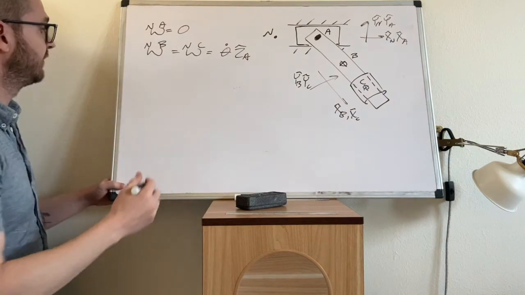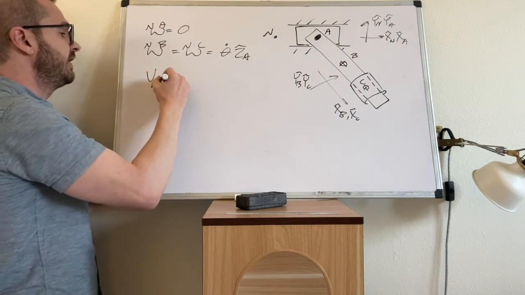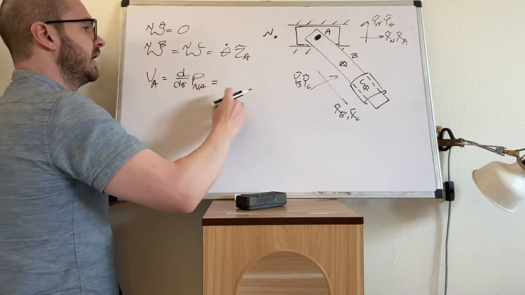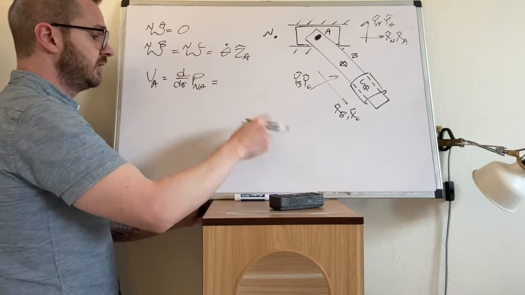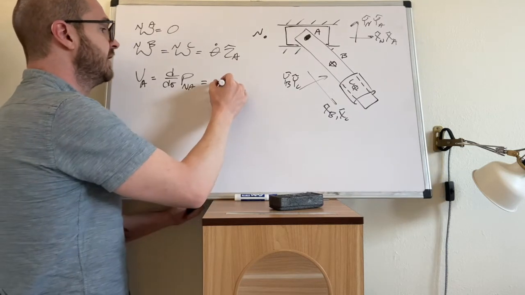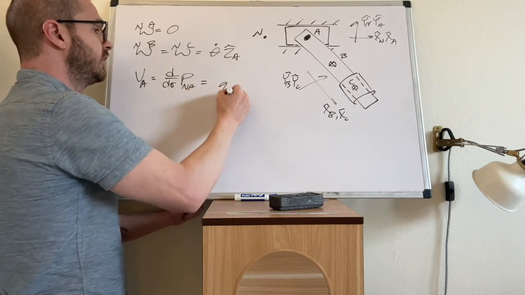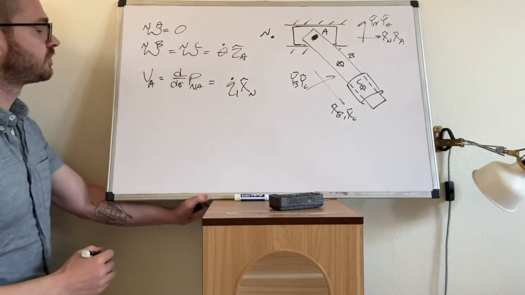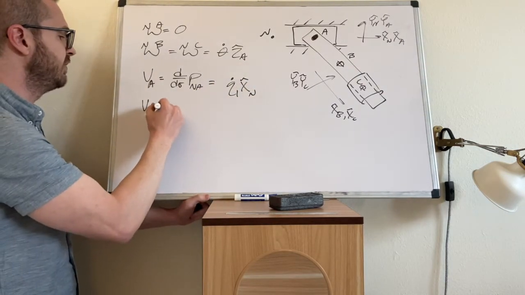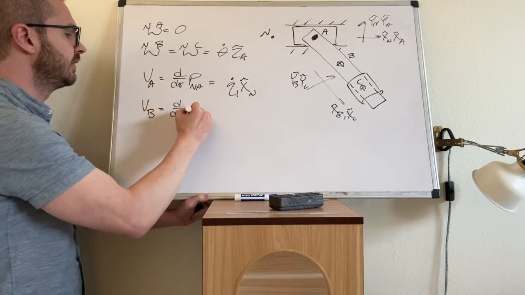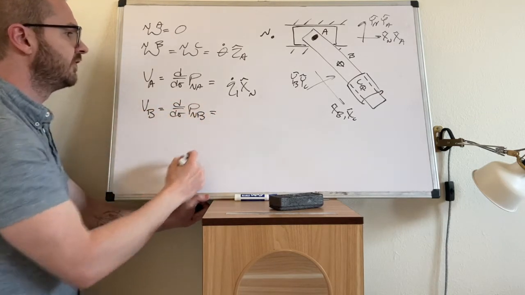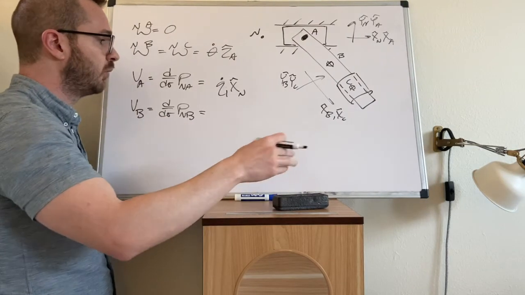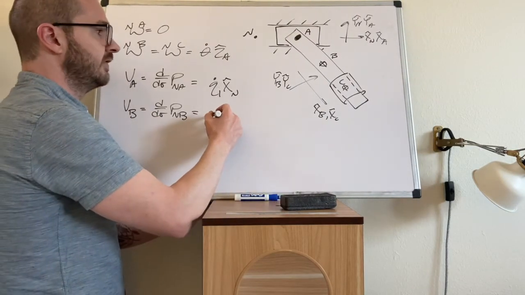Let's do linear velocities. The linear velocity of A, we know that this is d/dt of a position vector. And I've erased the definitions, but you've got them in your notes, or just back up the video. d/dt of this quantity is going to yield Q1 dot x hat N. VB is d/dt of P N to B. Again, you have this position vector, and at this point I expect that you can take these derivatives.